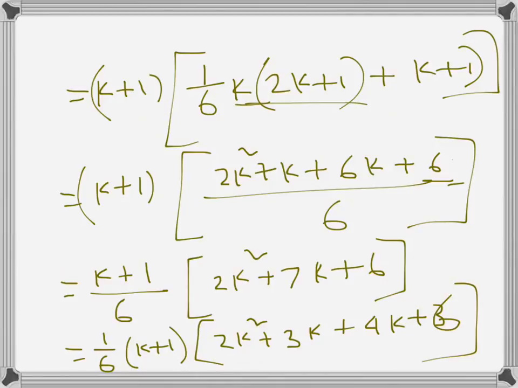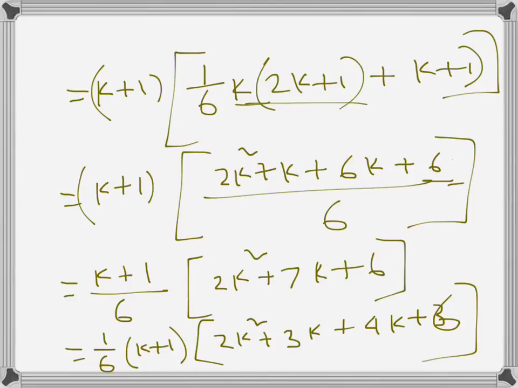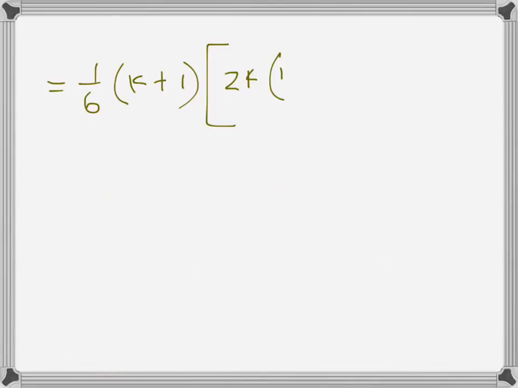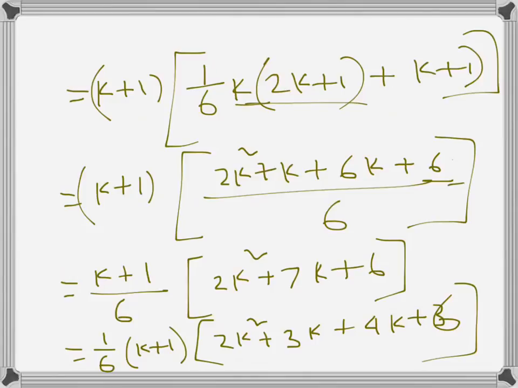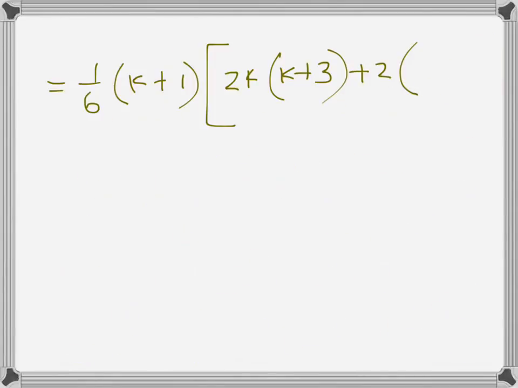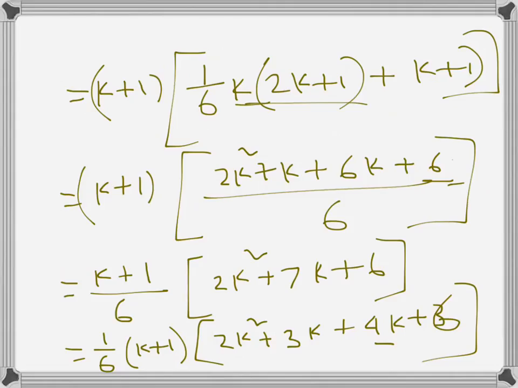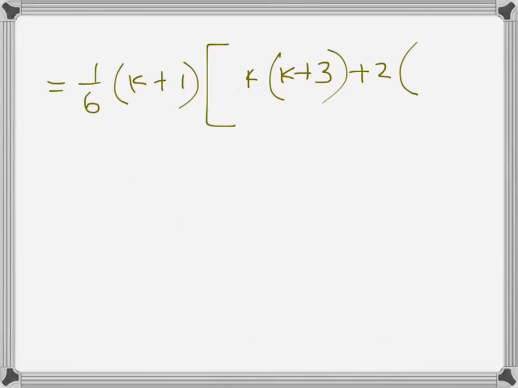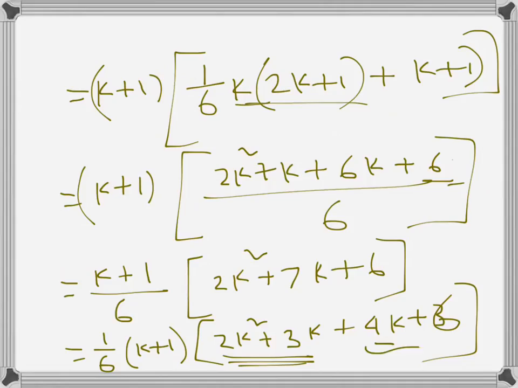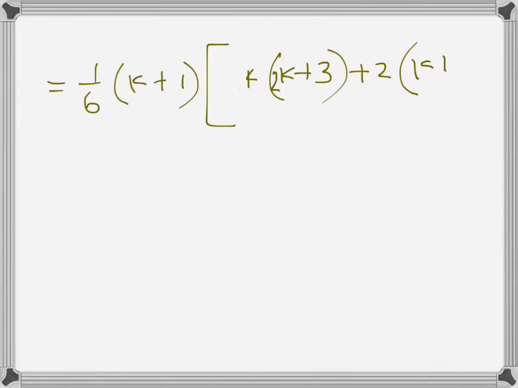So basically I'm factorizing this one by the middle term. Sorry, here I cannot take 2k actually; I have to take just k, because this one is 2k plus 3, so I can take k out, it becomes 2k plus 3, and from this one I can take 2 out, so it becomes k plus 2.